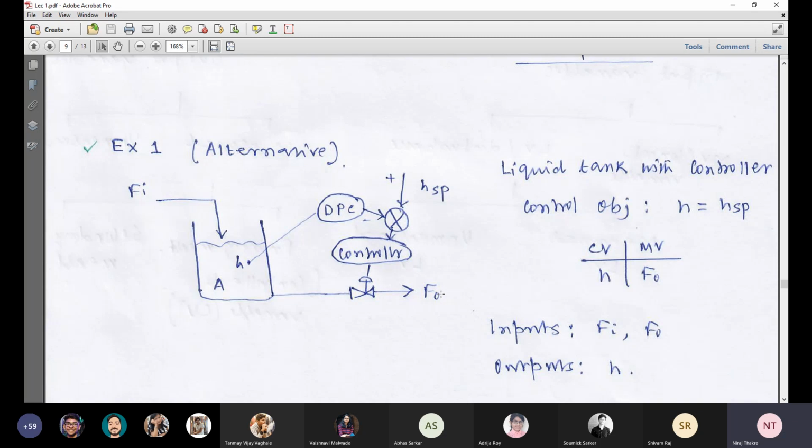Originally, F0 is an output variable, but whenever you employ a controller with F0 as the manipulated variable, then you have to consider F0 as an input variable, because a manipulated variable falls under input variable according to the variable classification table. Agree?